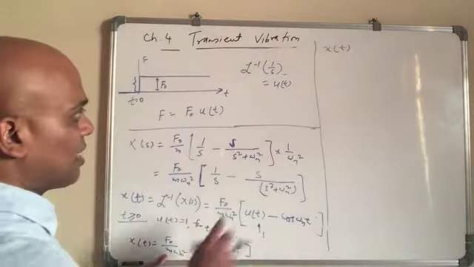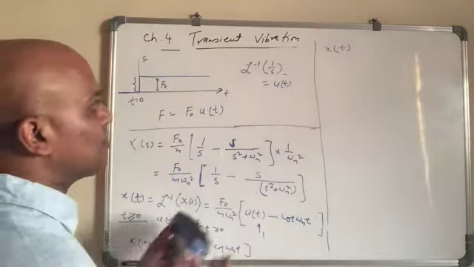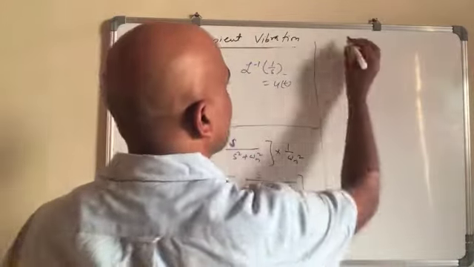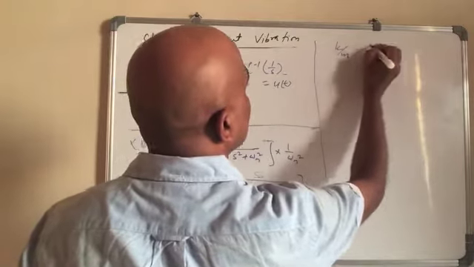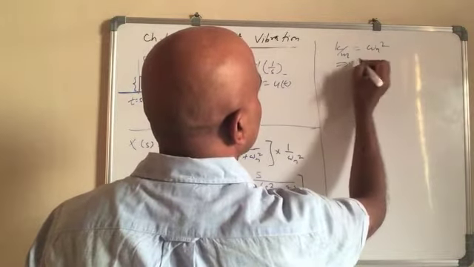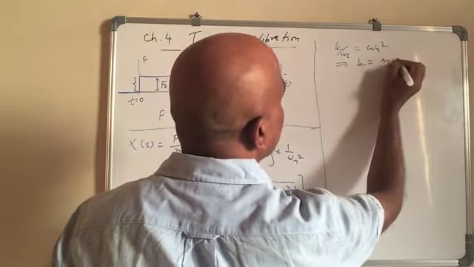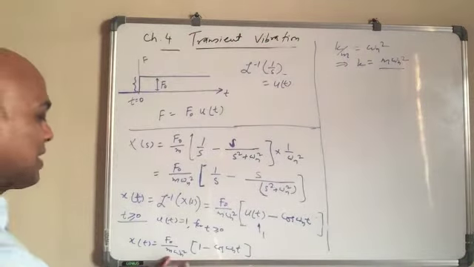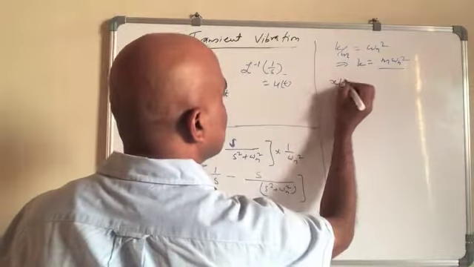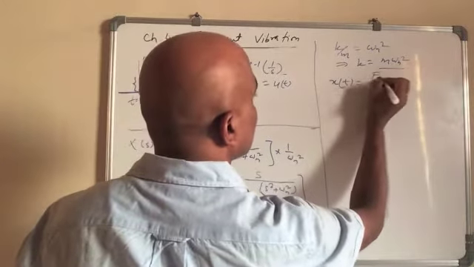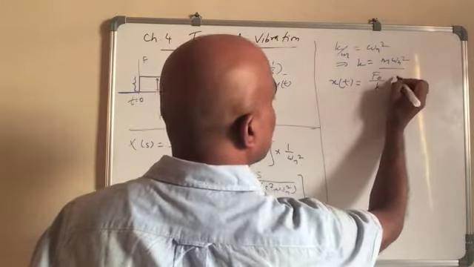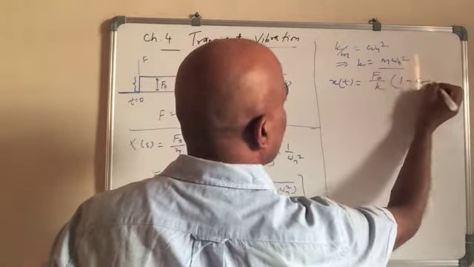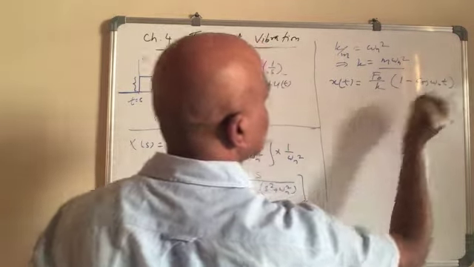We know that k over m equals omega n squared, so k is equal to m omega n squared. So instead of m omega n squared, we can write x(t) is equal to F naught over k, and then we have 1 minus cos omega n t.